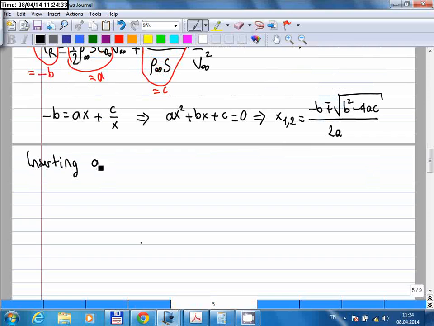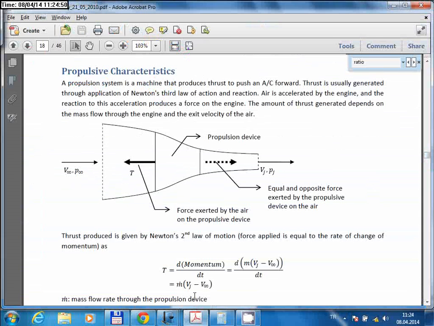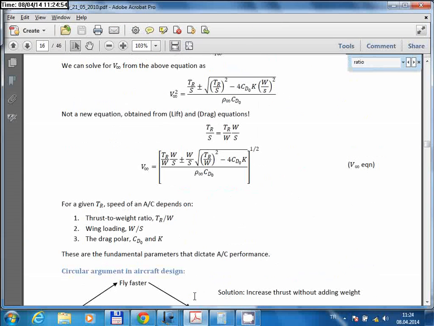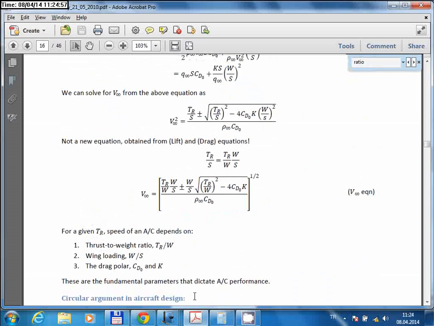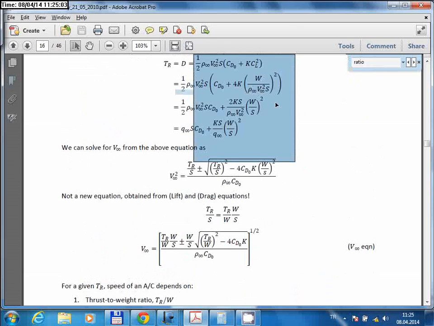So I can go back and insert A, B, and C into that equation. I will just copy it directly from here.